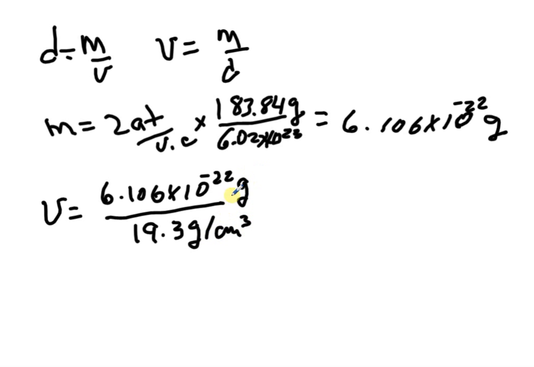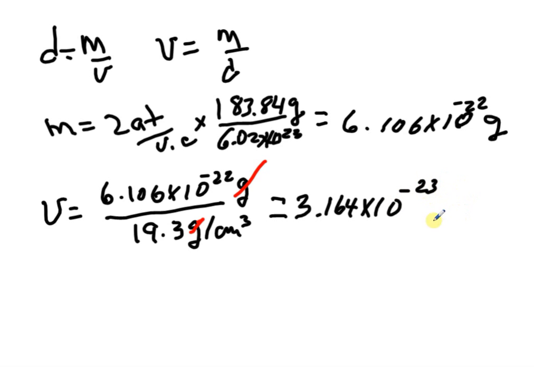So you see here the grams cancel, the cubic centimeters goes on top, so now I can say that the volume here is going to be equal to around 3.164 10 to the negative 23.